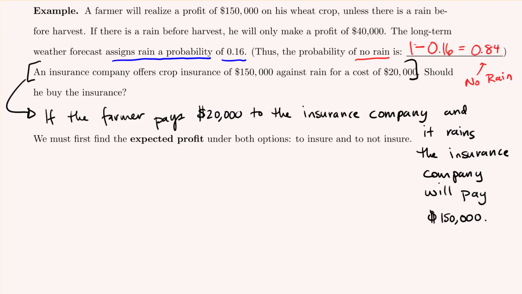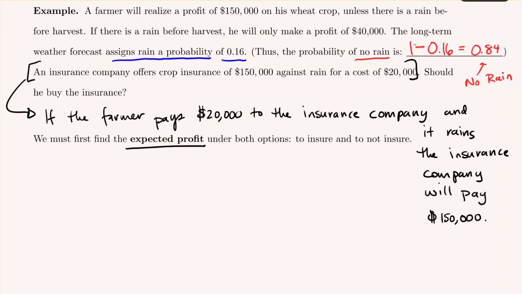So the farmer's thinking through the different situations and wants to calculate from the perspective of expected value. Would my expected profit be better under the idea of insuring or not insuring against the rain? So in this problem, we need to calculate what is the expected profit under two situations.